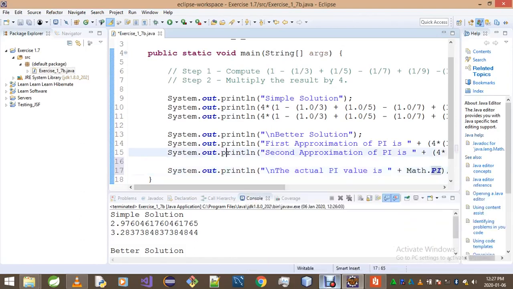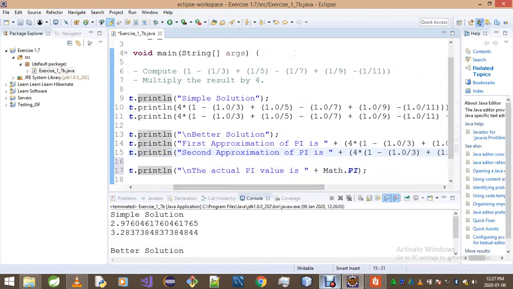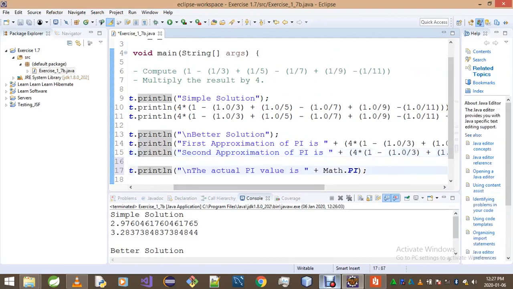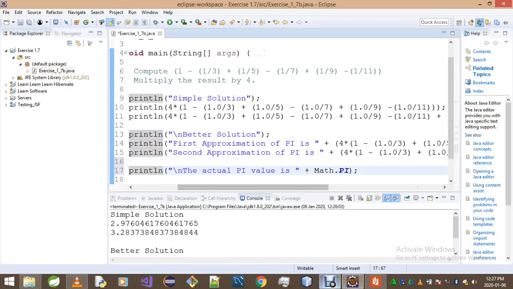What is Math.PI? Math.PI is nothing else but a constant that is defined within the Math class. So whenever you want to work with pi, you don't want to keep using the approximated value. You gotta use the exact value of pi, which is Math.PI.